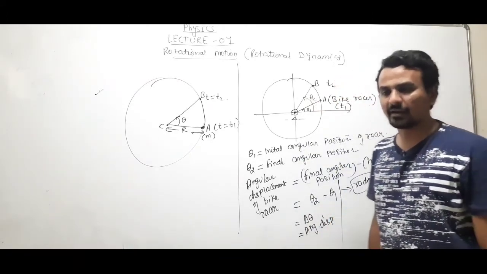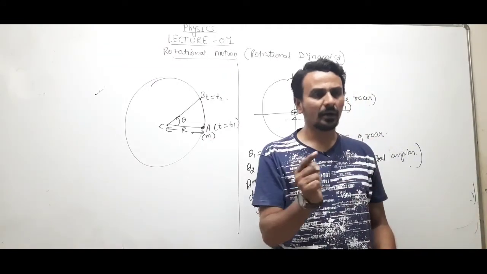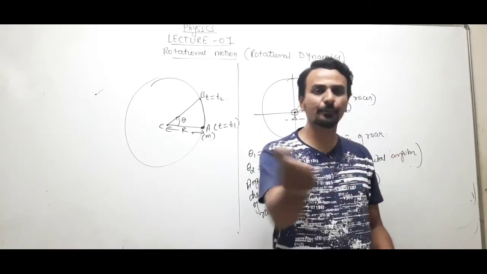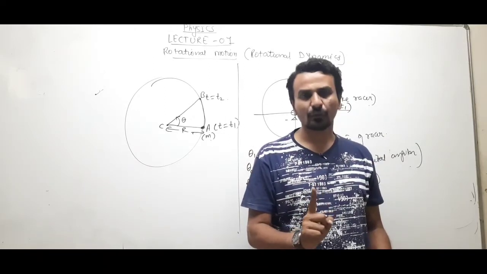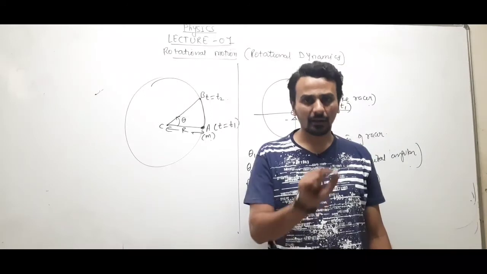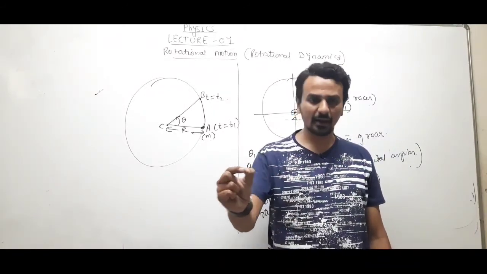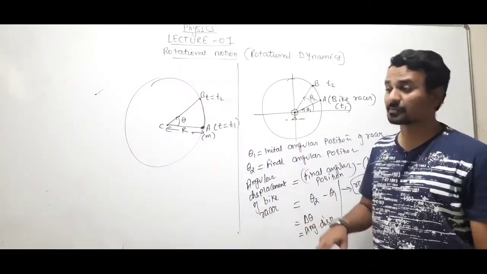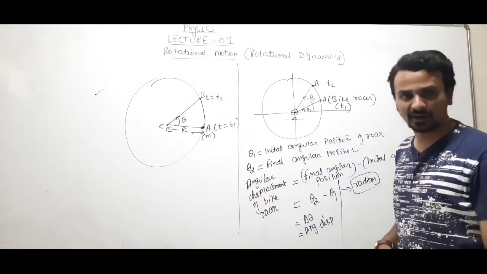Now if it is said that the particle is moving on a circular path of radius r and is completing one complete rotation, what will be the angular displacement? 360, 2 pi. It has started from here: 90, 180, 270, 360. Clear? So angular displacement will be 2 pi, 360, but linear displacement will be 0.